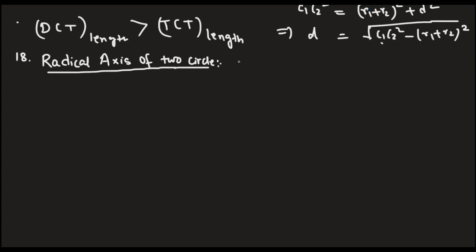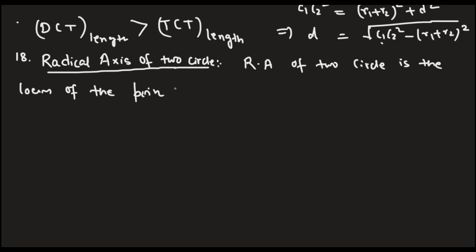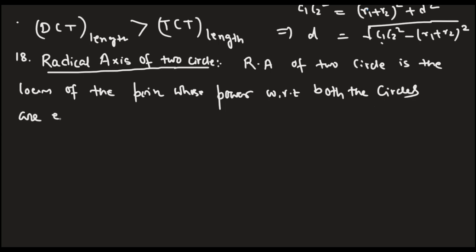The radical axis of two circles is the locus of the points whose powers with respect to both the circles are equal.